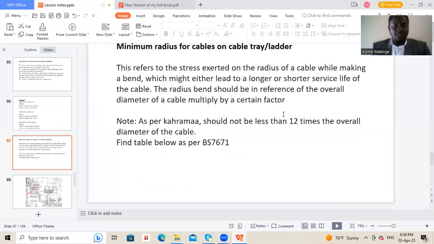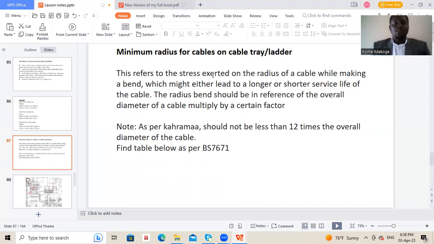Okay, we move to the next slide, which is the minimum radius for cables on cable tray or ladder. It's very important. While we do designs and installation, we have to maintain the minimum bending radius.